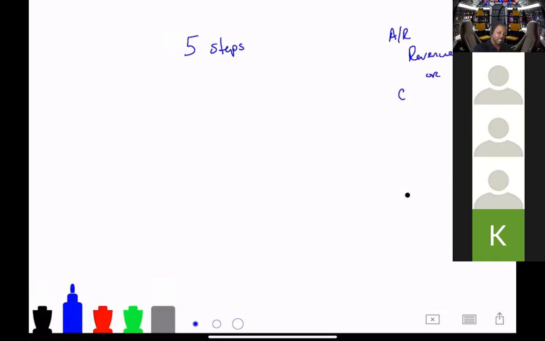Or we're saying debit cash, credit revenue. Or we could be saying debit deferred revenue, unearned revenue, hello chapter 3, credit revenue. So in all instances, when can they say we've earned revenue?